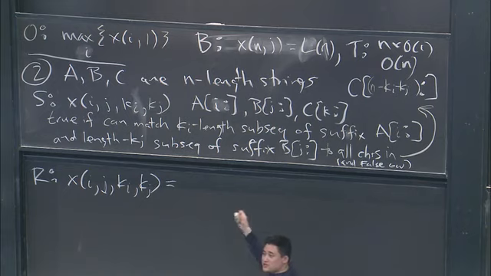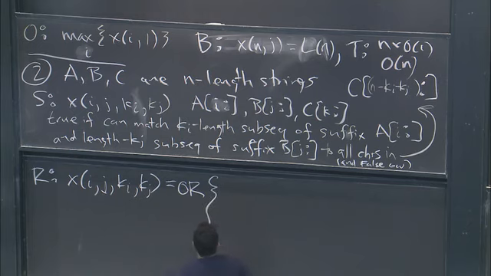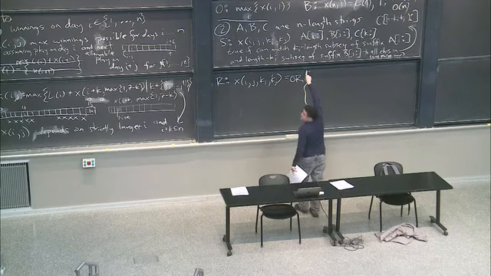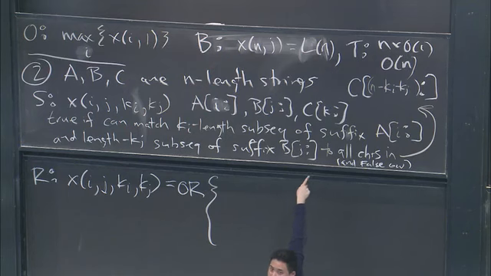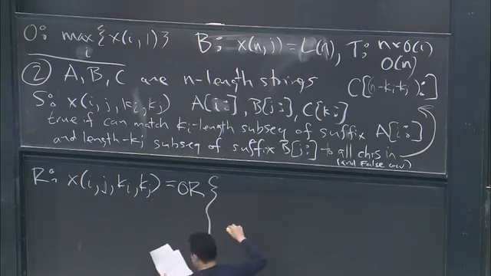I want to combine a bunch of them. I just want to see if any of them are true. I'm going to OR over them. Okay? And I'm going to OR over 4 choices. What are my choices? Either the first thing in A matches with C, the first thing in B matches with C, or I don't match with either, right? So those are my 4 choices.